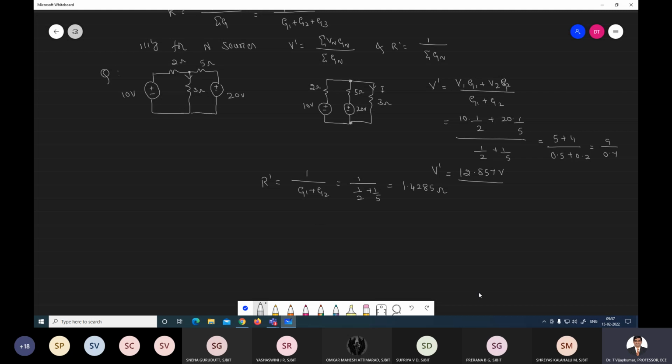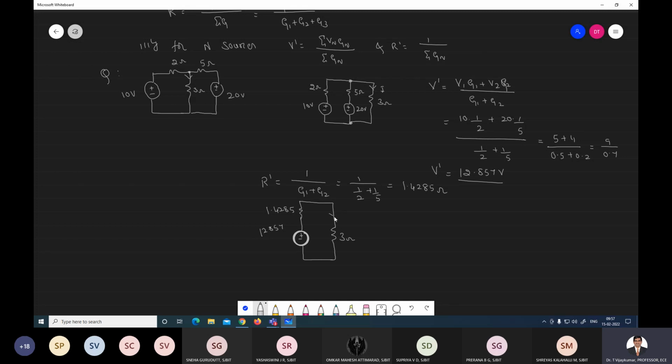This is your V dash, positive and negative, and V dash is 12.857. Here is the resistance R dash, that is 1.4285, and then here is the load resistance, that is 3 ohm.